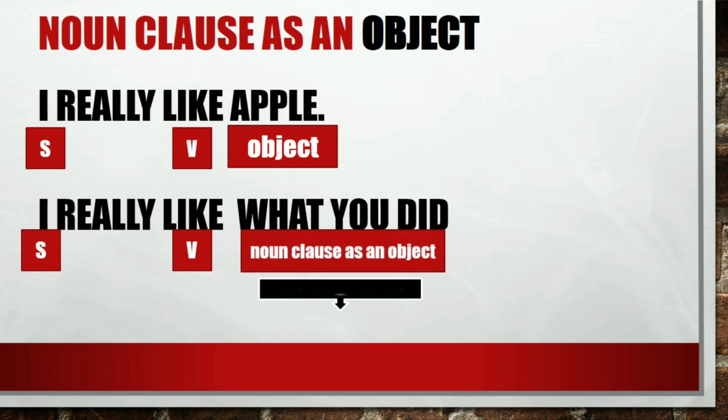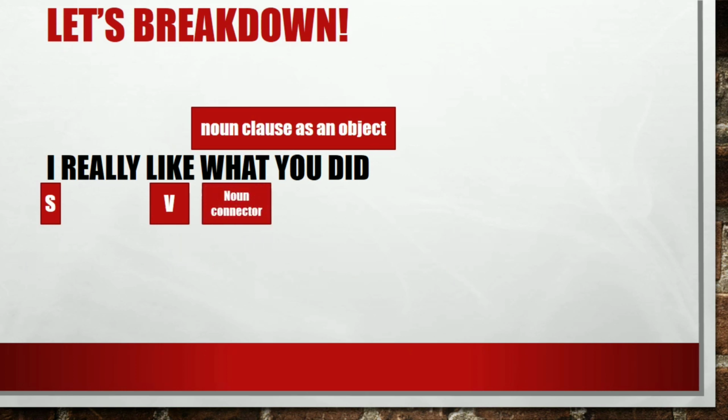Tapi kenapa kok ada subject you dan verb did-nya? Here is why. A noun clause consists of three elements. They are noun connector, subject, and verb. So, you and did in this sentence itu bukan subjek dan verb dari kalimat. Akan tetapi, mereka adalah elemen-elemen yang ada di dalam noun clause-nya.